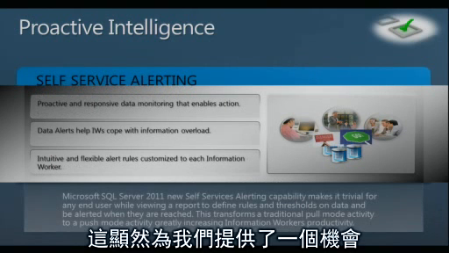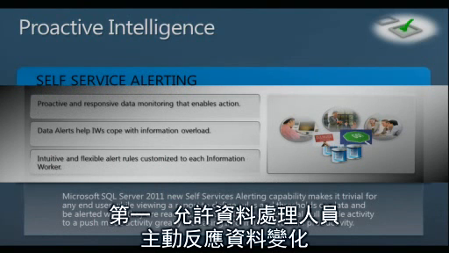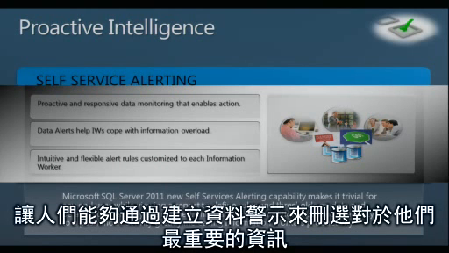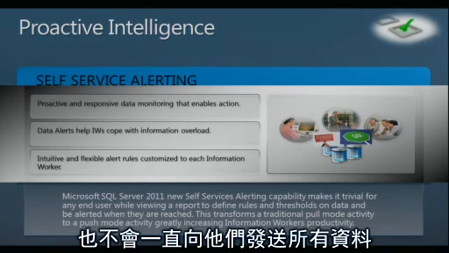And so that of course provided us an opportunity. Within self-service alerting, what we set out to do is allow information workers to be very proactive and responsive around data changes. So we allowed people to sift out the information that's most important to them by creating data alerts, so that they don't have to go view that report, or have just a generic subscription that sends them all of the data all of the time.